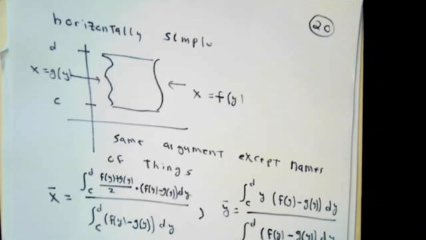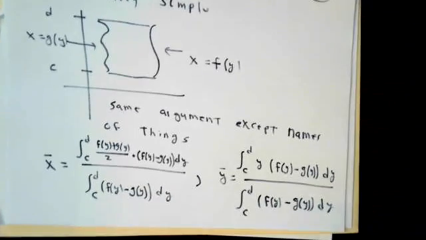I won't make you suffer through that. The conclusion is x bar will be given by this formula, and y bar will be given by this formula. If you look at these formulas, they are basically the same as the ones we got for the vertically simple region, except every place you had an x, you now have a y, and vice versa. The interested person can work through the details, but this is what you end up with.